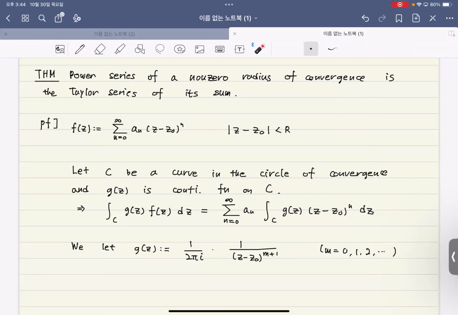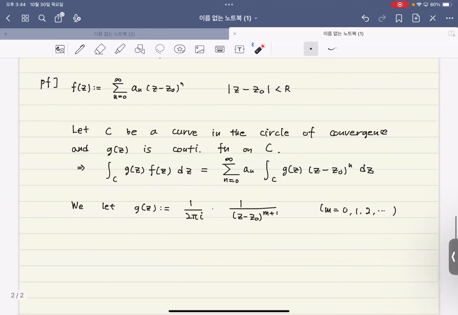As long as... Oh yeah, sorry. I should put just one more additional assumption for this curve. Okay, and also we let C be a circle of radius R0.